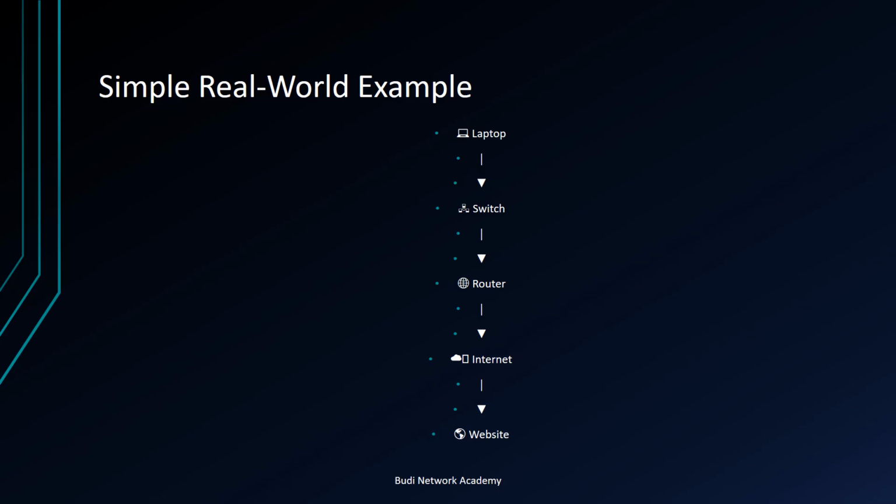The website sends the response back through the network and eventually to your laptop. So we can think of the path as computer, then switch, then router, internet, then website. This is a simple example of how a router connects your local network to other networks.